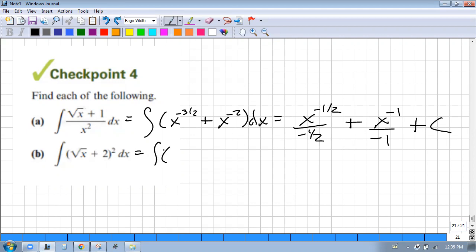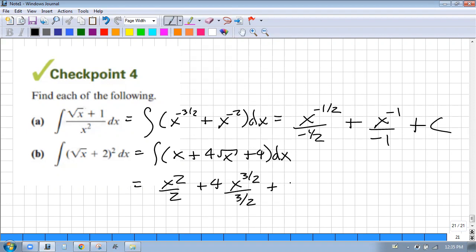The square root of x squared would be x, and I'd have 4 root x plus 4, right, if I square that thing out. So the integral of x would be x squared over 2. This is x to the 1/2, so I'd need a 3/2. And the integral of 4 would be 4x, and we add 1.